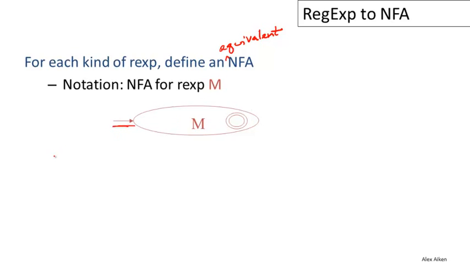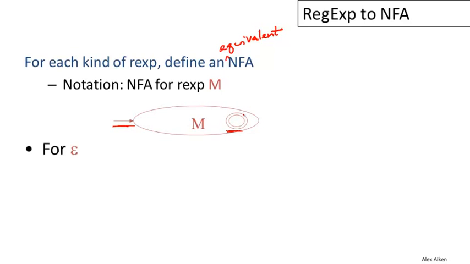So we'll just indicate the start state with the arrow and the final state with a double circle, and we won't worry too much about the overall structure of the machine as long as we have a handle on the start state and the final state. And I should say that in the machines we'll build here, there will only be one final state.